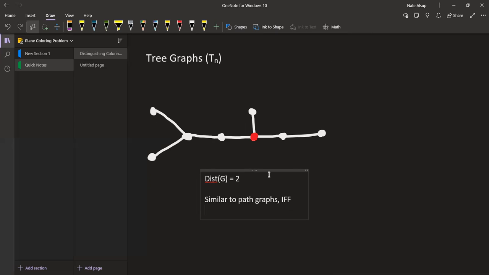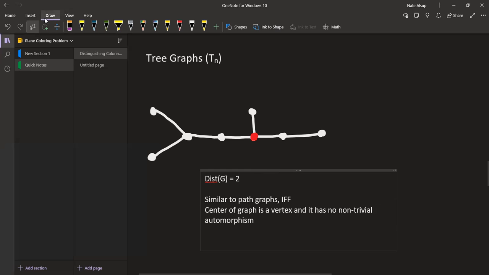Also, let's say the center of the graph is not a vertex.